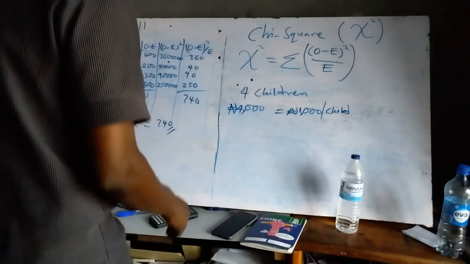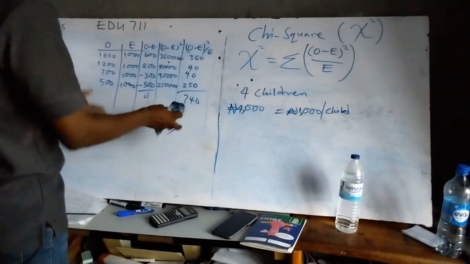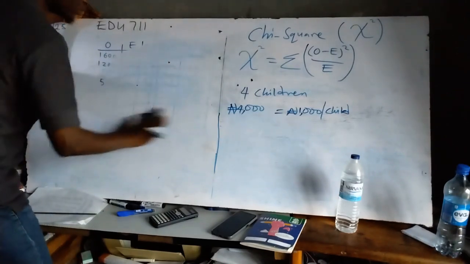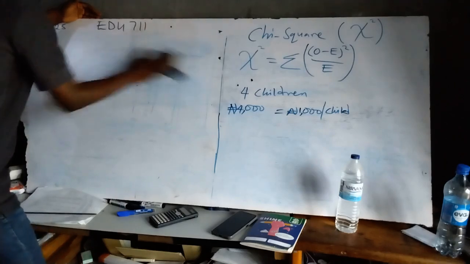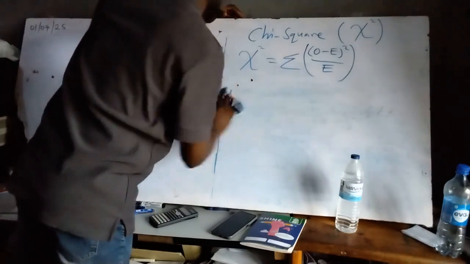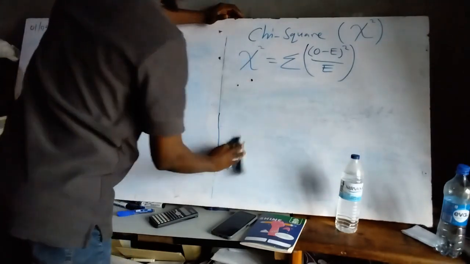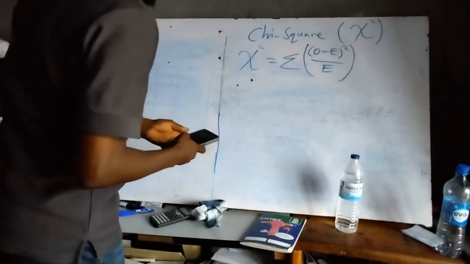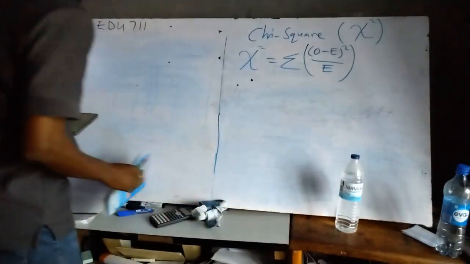So now let's quickly take an example for a complex chi-square, which is what we need for the exam. So I think I saw a question here the other time.